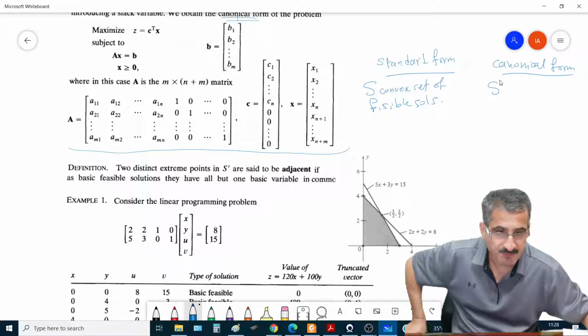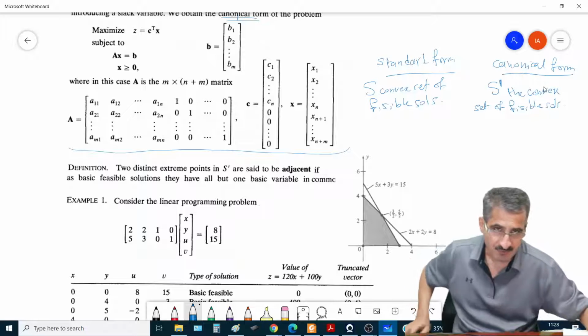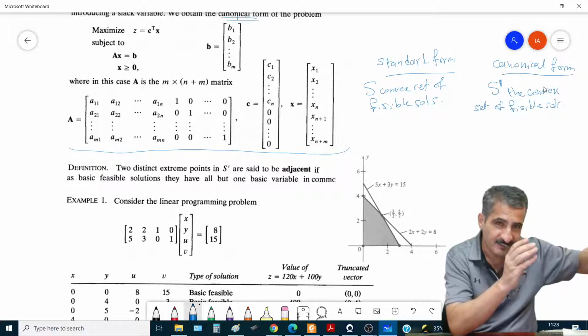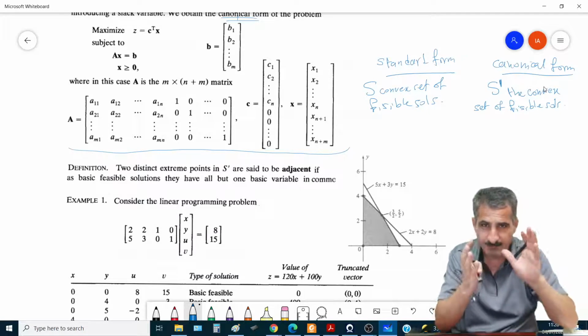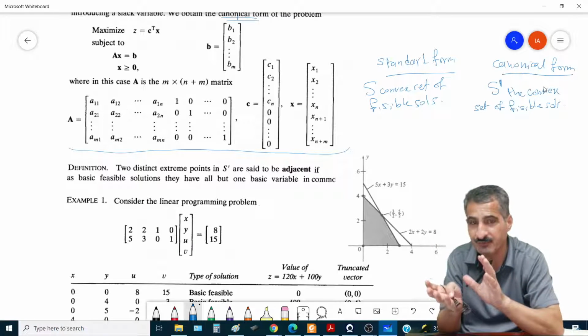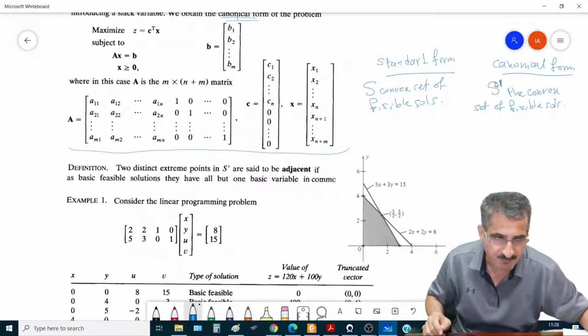Here we will call it S prime, the convex set of feasible solutions. You know, when we get a feasible solution in the canonical form, we truncate the coordinates that correspond to slack variables and keep the original ones, and then we get a feasible solution for the standard form. So we denote S prime to be the convex set of the solutions in canonical form.